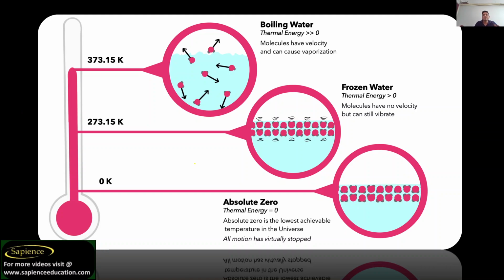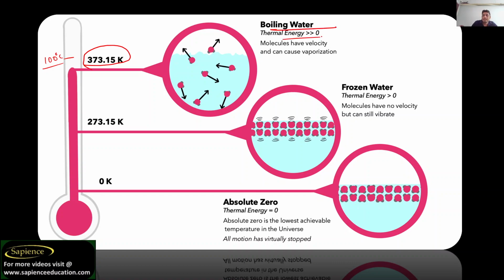Now from the figure you can understand what absolute zero temperature is. Here we see that at 373.15 Kelvin, if you convert it into degrees Celsius, it is approximately 100 degrees Celsius.